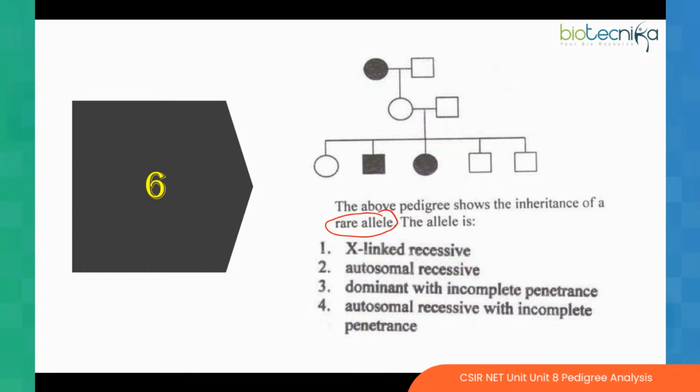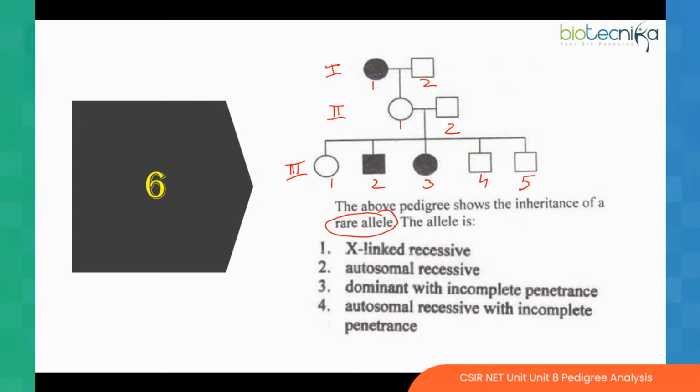So if I just mark them all so that there is no confusion. What we see here is 3-2 and 3-3 are affected, whereas nobody in the second generation is affected, and in the first generation indeed somebody is affected. Now this clearly is showing skipping of generation.